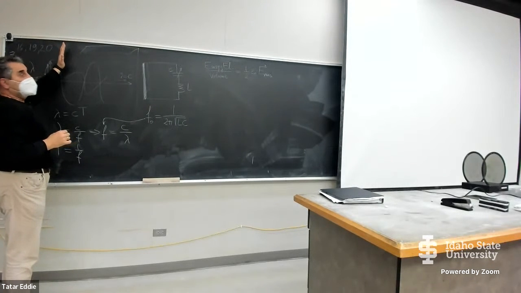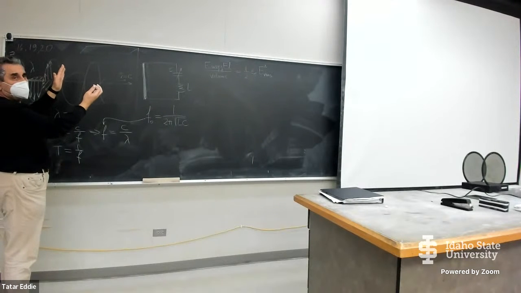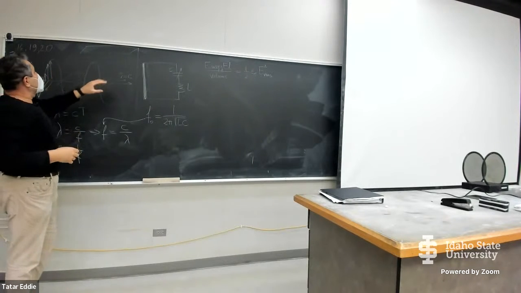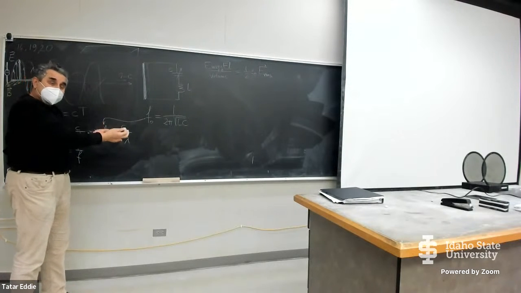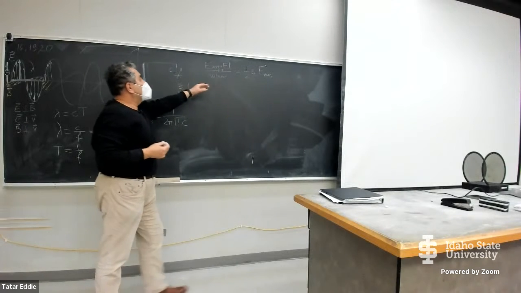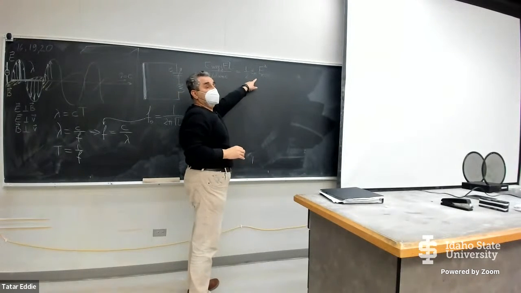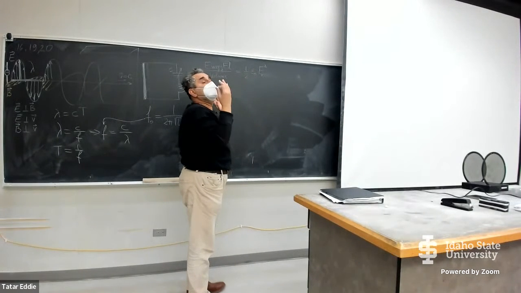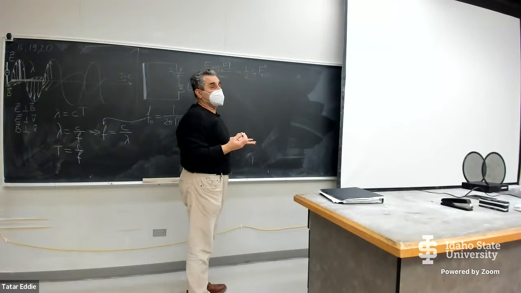So if you take a snapshot of this volume, the amount of energy that is contained in this volume at this instant is going to be given with this expression, where E is the instantaneous value of the electric field.